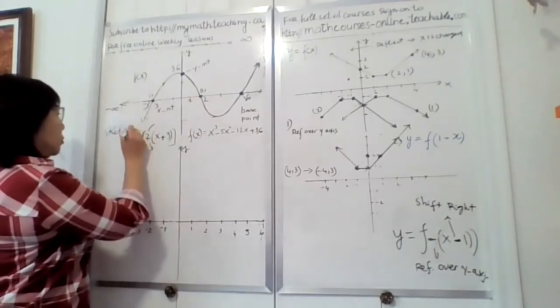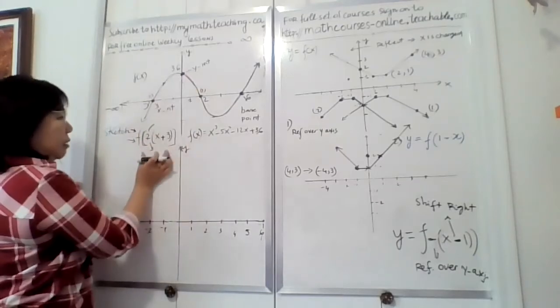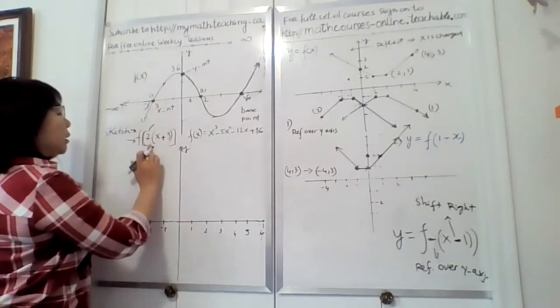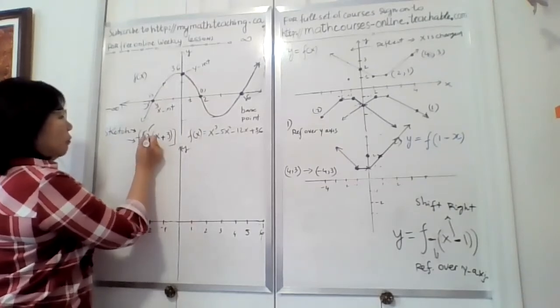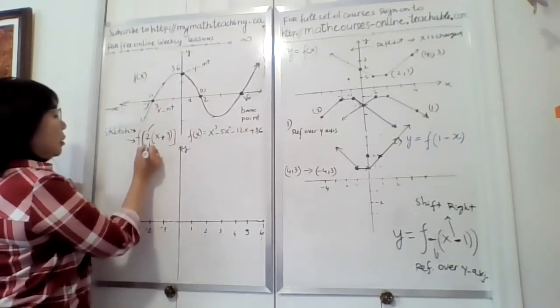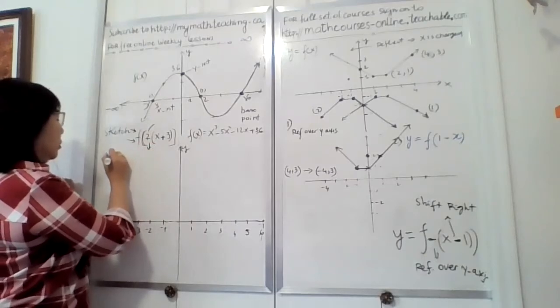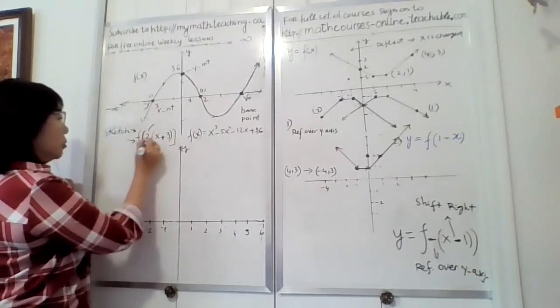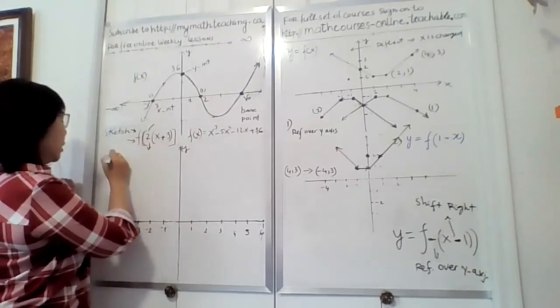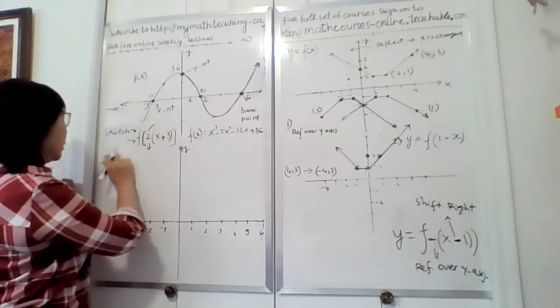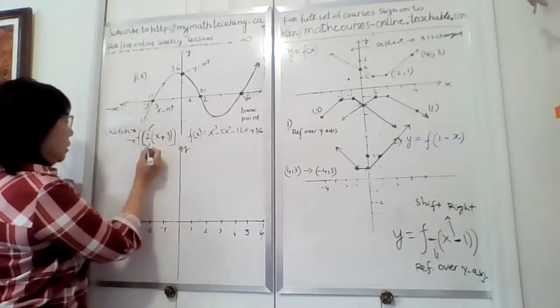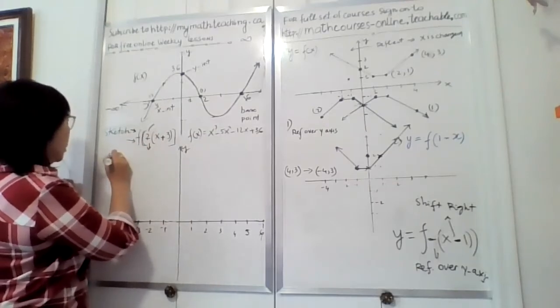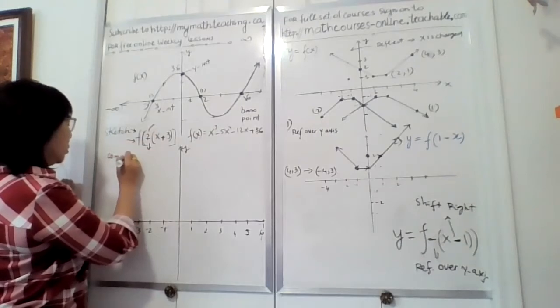Now we want to sketch this transformation based on this notation. So the question asks us to sketch this function become this function. Now what does that tell us? For the 2 here, it means the function will be stretched or compressed. I think it is compressed, but okay, so let's say this is the compressed function.